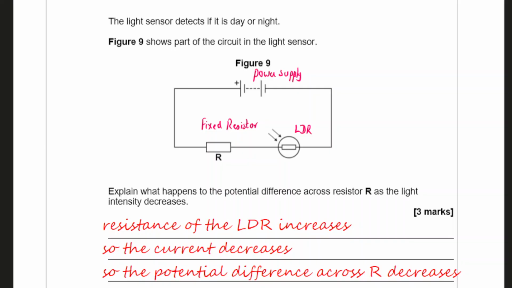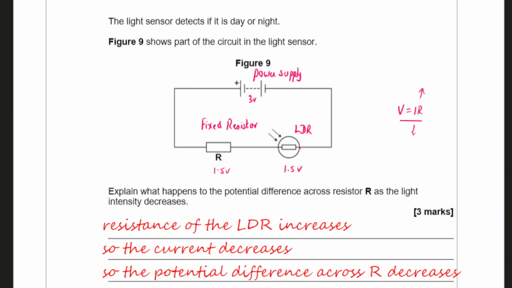Now again, a little bit of explanation. You need to think about this equation V equals IR, how it actually links over here. Remember the potential difference is shared. So if this is 3 volts, this will be 1.5 volts and 1.5 volts. If the resistance is increased, what happens to the current? That should go down, right?